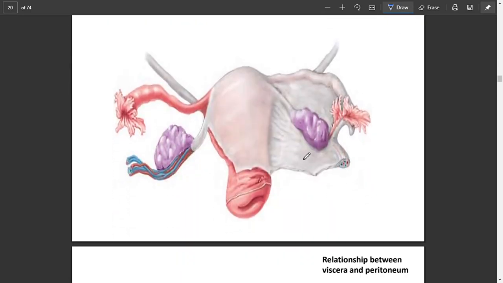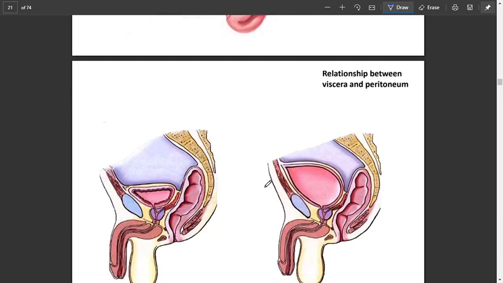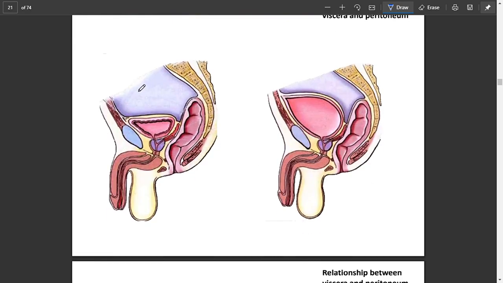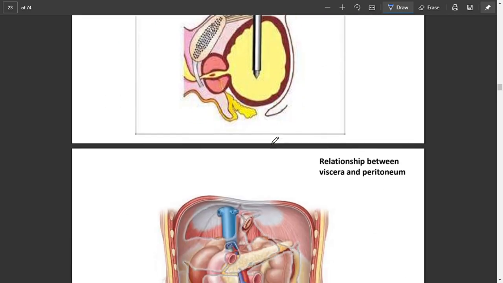As you can see here, this is the visceral peritoneum surrounding the ovaries and the fallopian tubes and the vagina. So as you can see here, this is the peritoneum present, and it is making several pouches, retrovesical pouch here, and we don't need to concern ourselves with this.